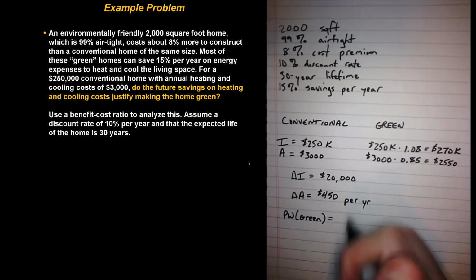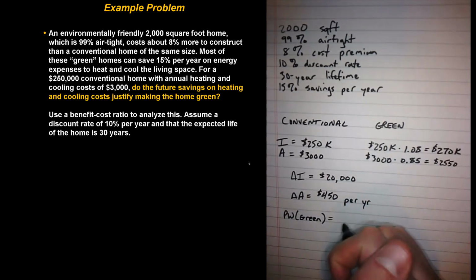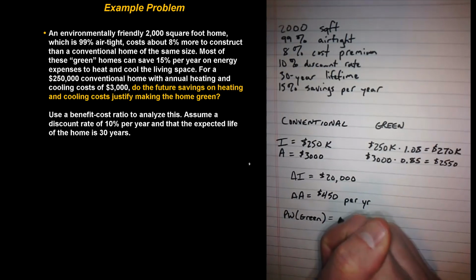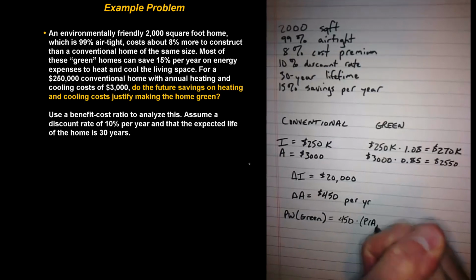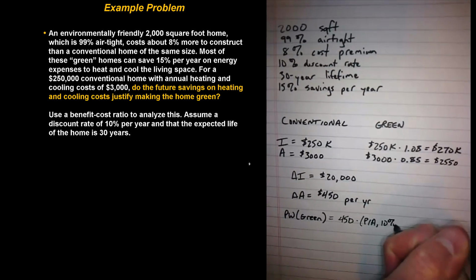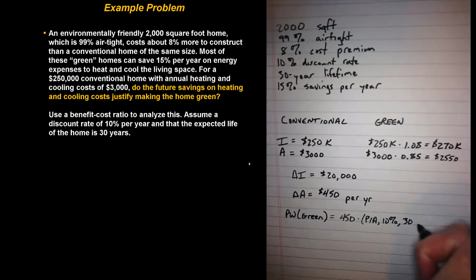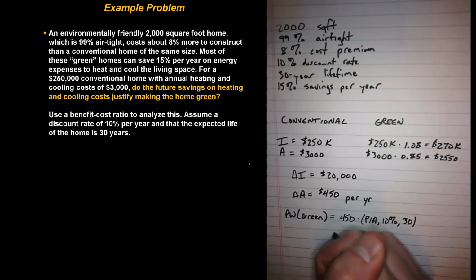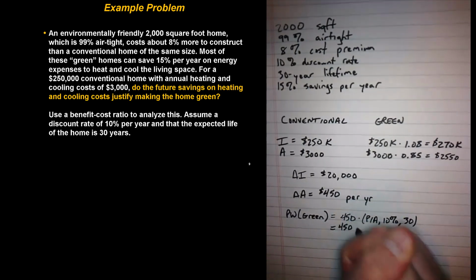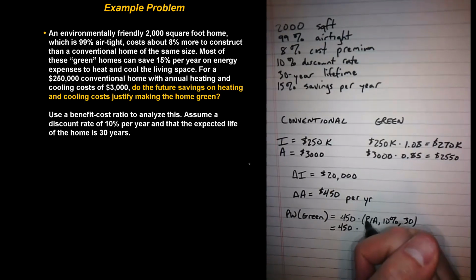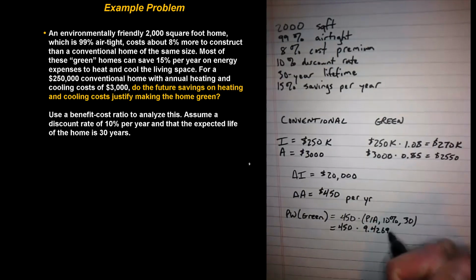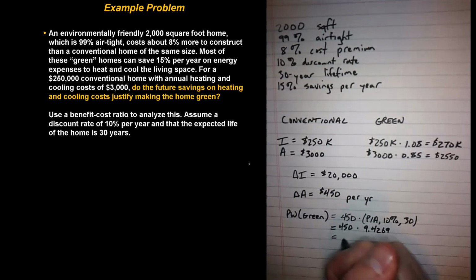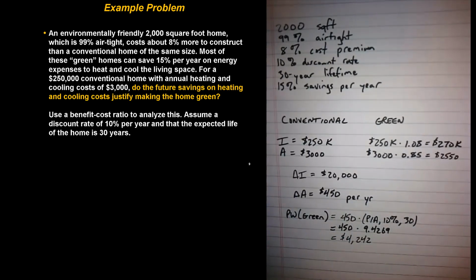That means that the present worth of the green cooling and heating savings is going to be 450 times P given A. We're told to use a 10% discount rate and to assume 30 years. So that's 450 times, from our lookup table, 9.4269, and that comes out to 4,242.